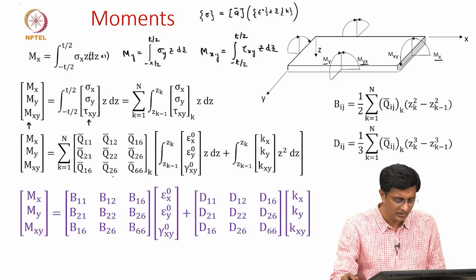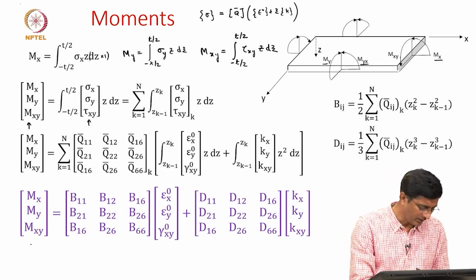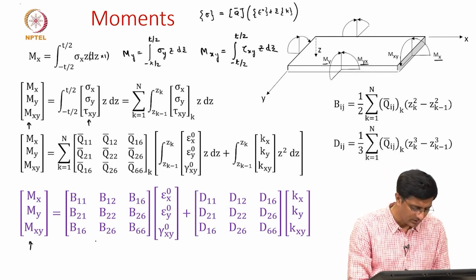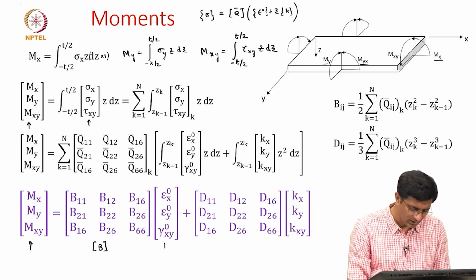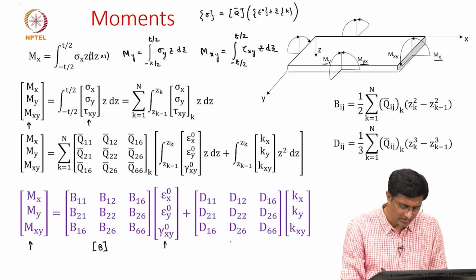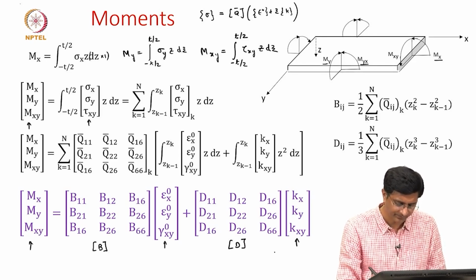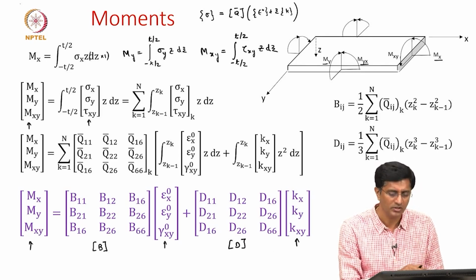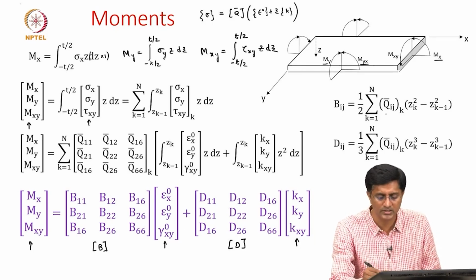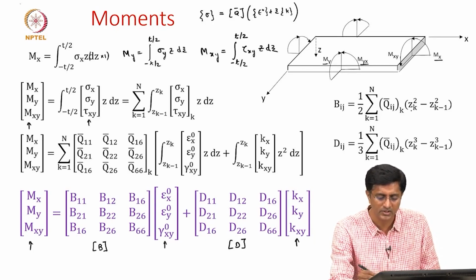Okay. This can be further simplified, and now we can write these moments in terms of the B matrix times the mid surface strain plus the D matrix times the curvature. And this B matrix is repeating from the previous slide, where we showed that B matrix is written in terms of components of the stiffness matrix times z terms, z square terms.